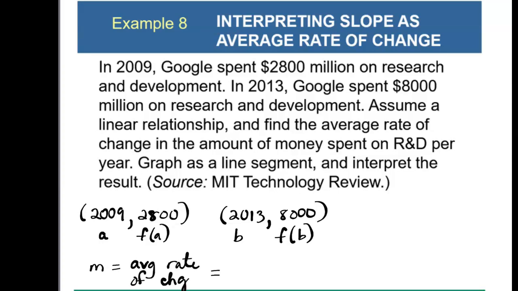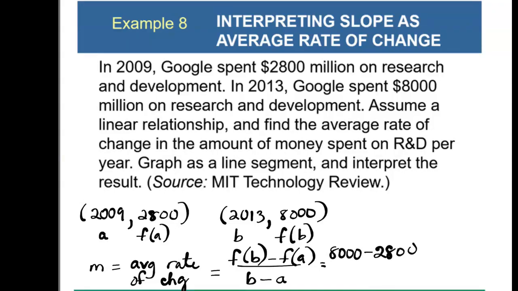The average rate of change is going to be f of b minus f of a all over b minus a. So it's going to be 8,000 minus 2,800 divided by 2013 minus 2009. So that arithmetic, let me do that real quick and we'll figure out what that is.